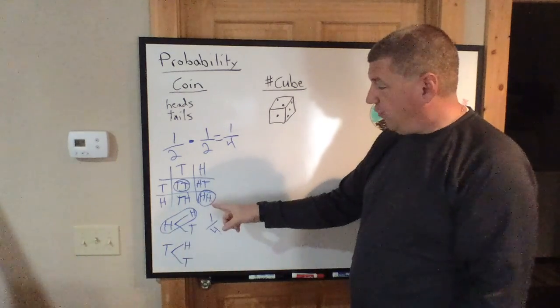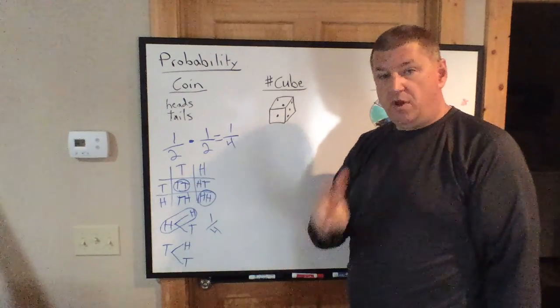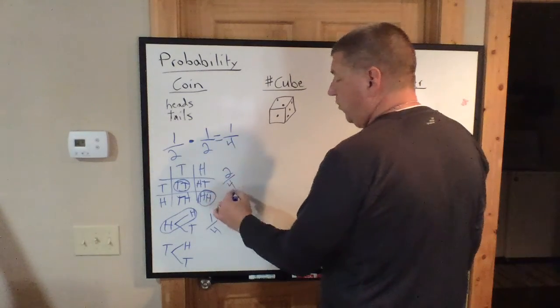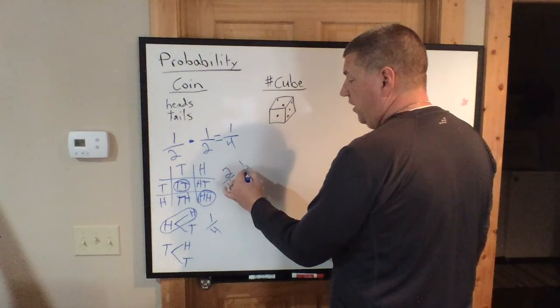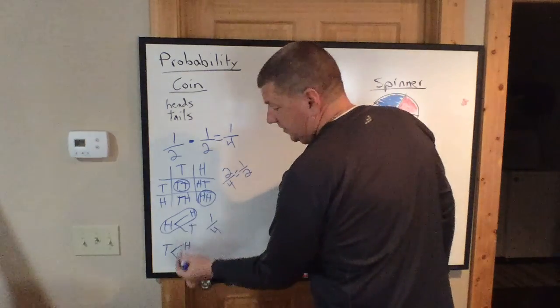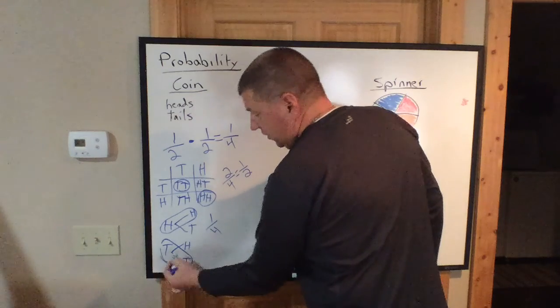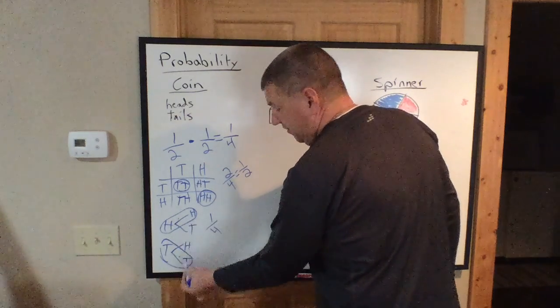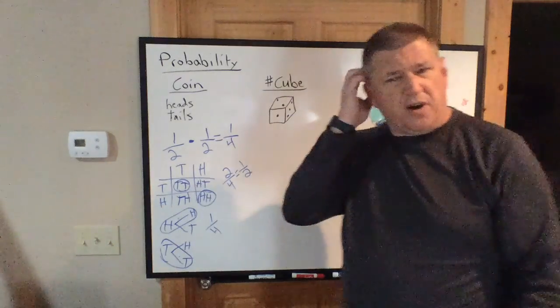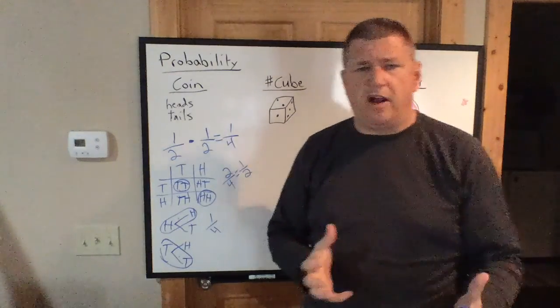And there are 4 options, and 2 of them are correct to what I'm looking for. So that becomes 2 out of 4, which simplifies to 1/2. Here I've got heads, heads and tails, tails. So again, I've got 2 options out of the 4. That again would be 2/4 to give me 1/2. So that's how we're going to figure our probability for something like a coin.